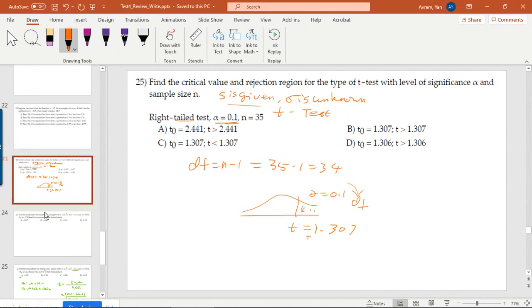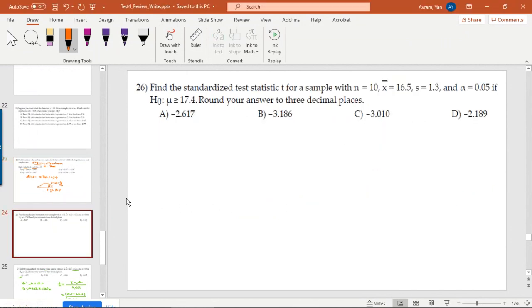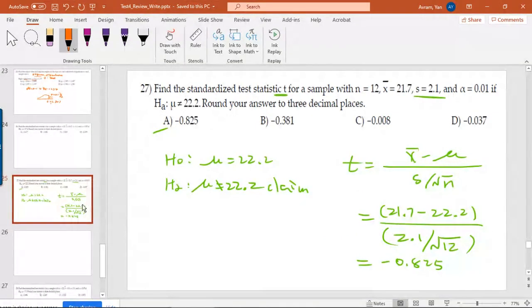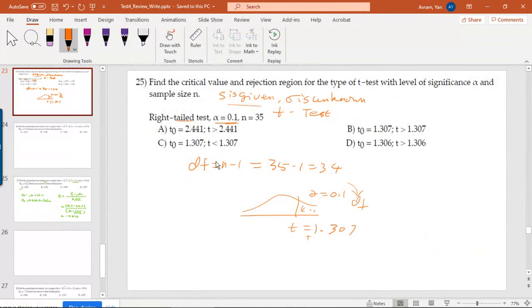If I have a t-test, it is pretty much similar. The answer on that question was B. For 25? Yes. Yeah, that is B in here. Yeah, the right tail, so it's greater than.